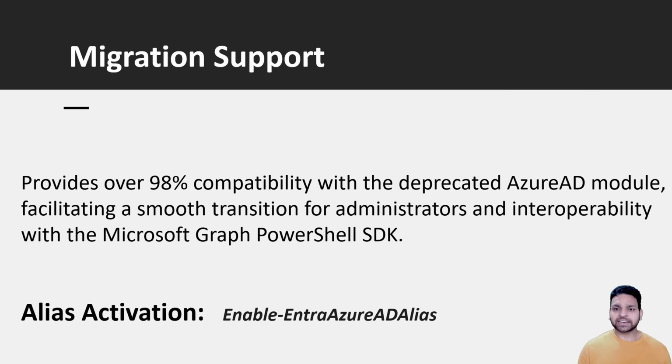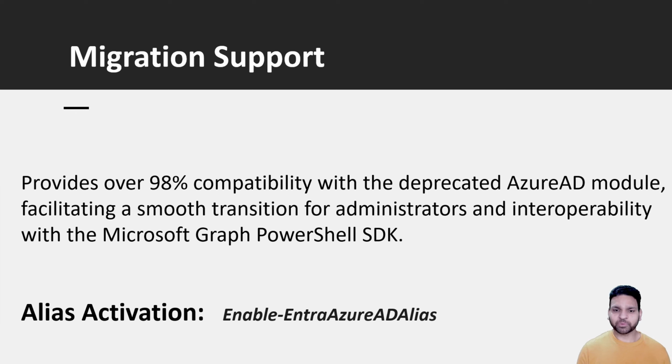And along with this, there is interoperability between the Microsoft Graph SDK as well as the Entra PowerShell module. So you can use them side by side. And one feature which is really important is alias activation. Once you run this command, Enable-EntraAzureADAlias, you can activate the alias. And once it's activated, you can run the deprecated Azure AD commands as well.